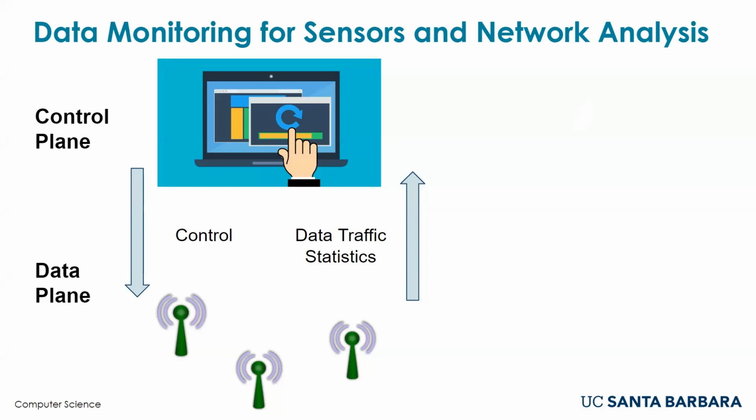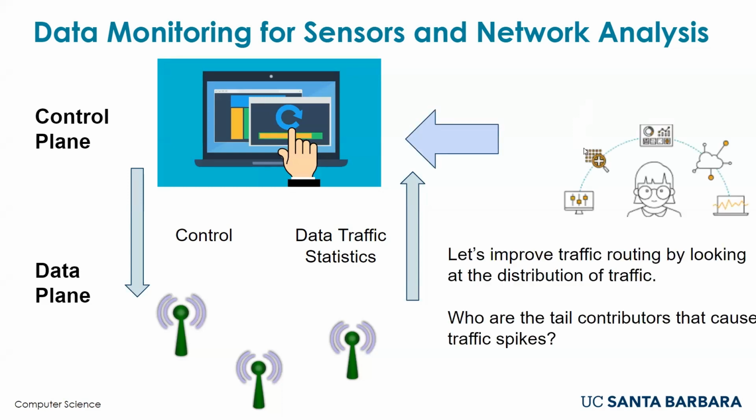Based on the collected statistics, the control plane will update the processing protocol in the data plane. Often, system operators and administrators want to learn key insights from the data traffic, such as feature distribution and tail contributors, for implementing better protocols or detecting anomalies.